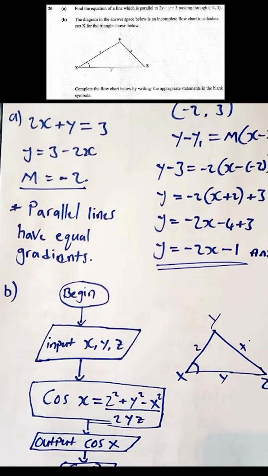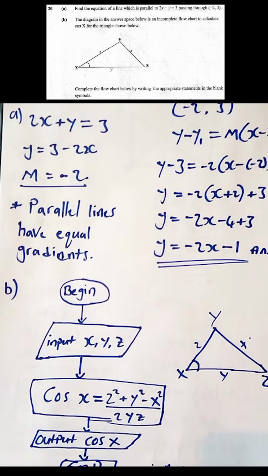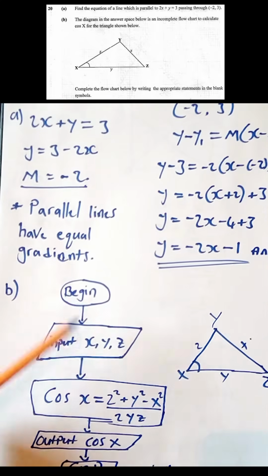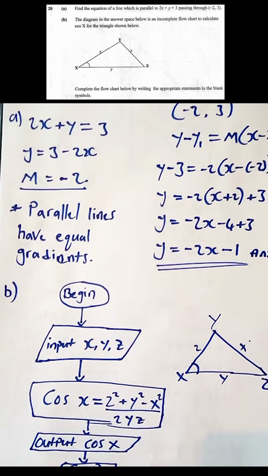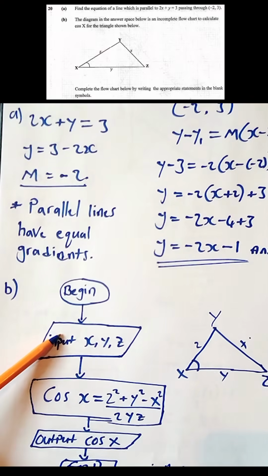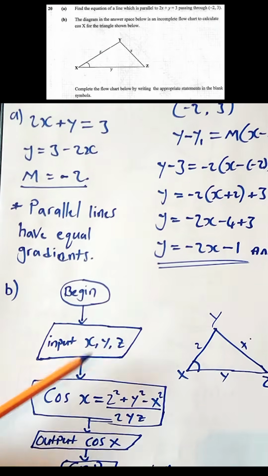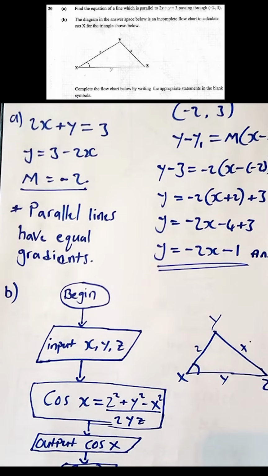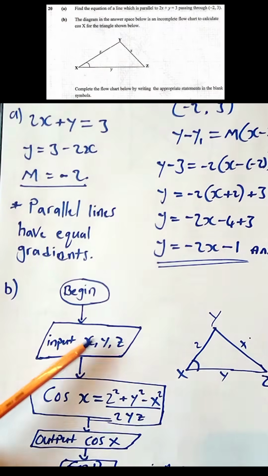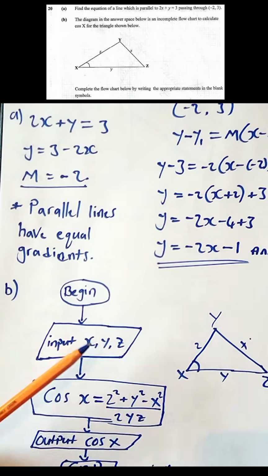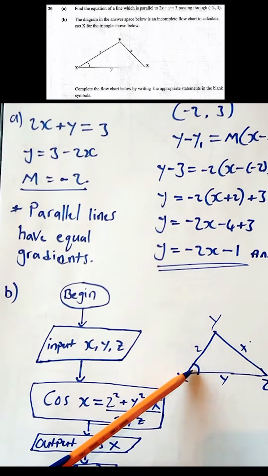So how are you going to fill in the flowchart? So begin, output cos x, and end, they've already been done for you. You only need to fill in the parallelogram and the rectangle. So parallelogram, you can only fill it in with your inputs, what you need. So for you to calculate this, what do you need?